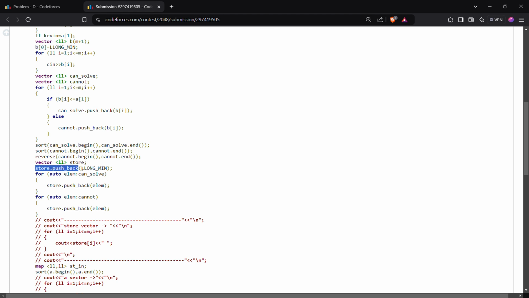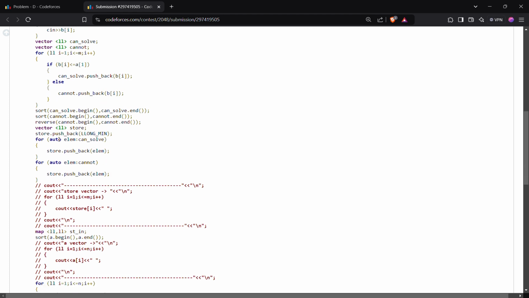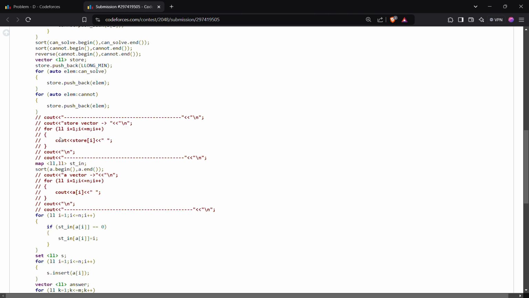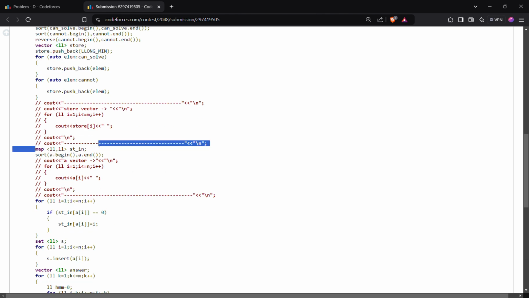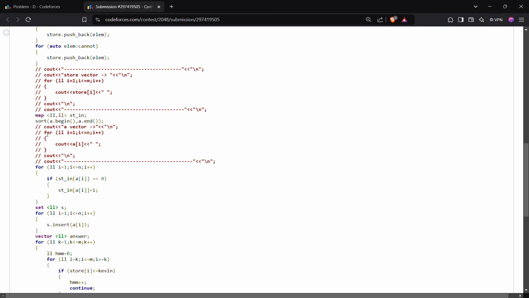This is to ensure one-based indexing. And this is a map to store the indices of the elements to get the length of the interval of the participants who can solve a particular problem which Kevin cannot, or just the general storing of the indices.